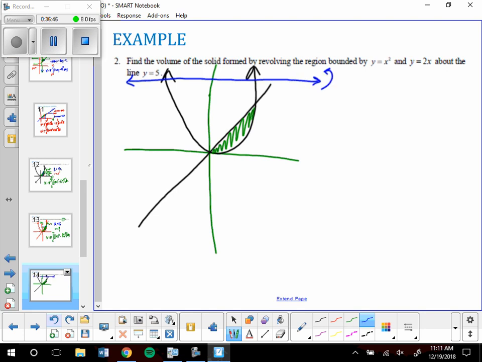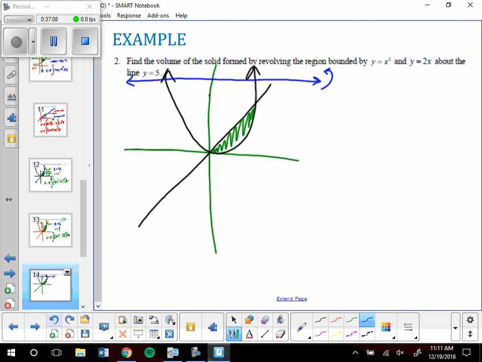What do you notice about this area? It doesn't touch the axis at all, but we can still rotate it around. What kind of shape would it make? It wouldn't really be a funnel. It's more like an inner tube, like there's literally a huge hole in the middle.